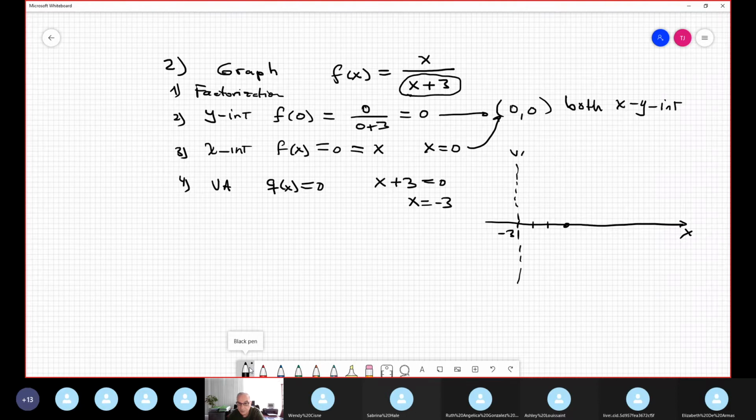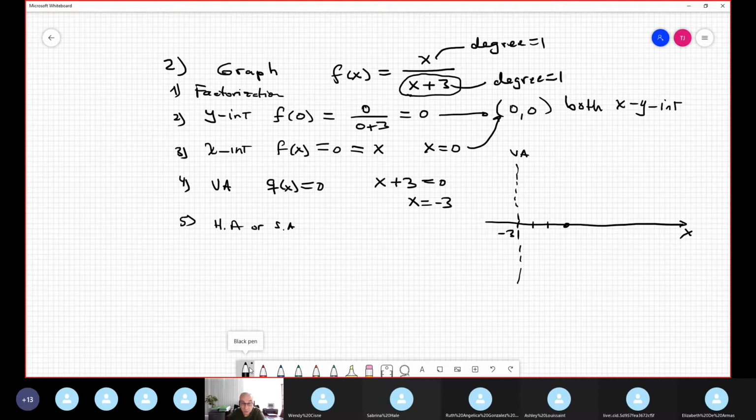That's the vertical asymptote. Step 5 is horizontal asymptote or slant asymptote. To analyze that, we do the analysis of the degree. The degree of the polynomial on top is 1. The degree of the polynomial on the bottom is also 1.